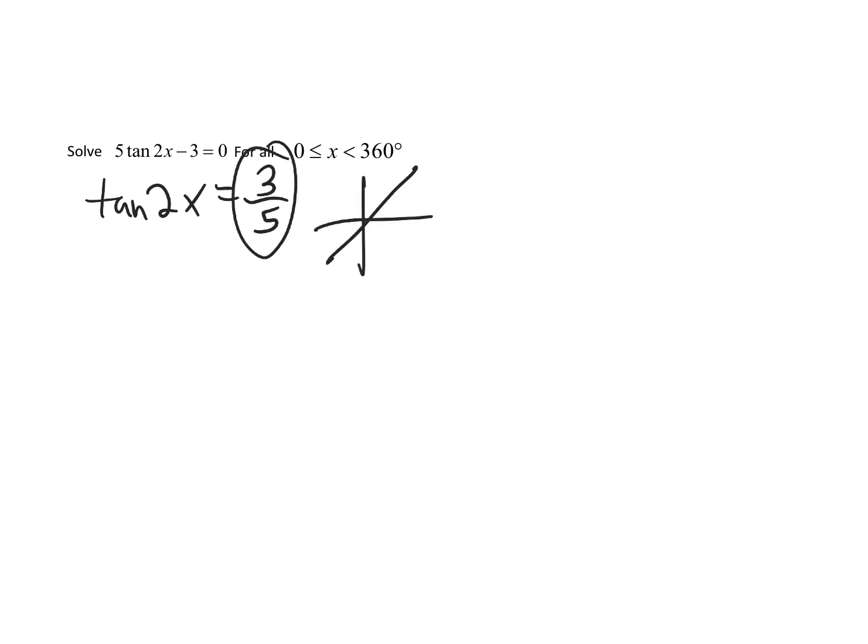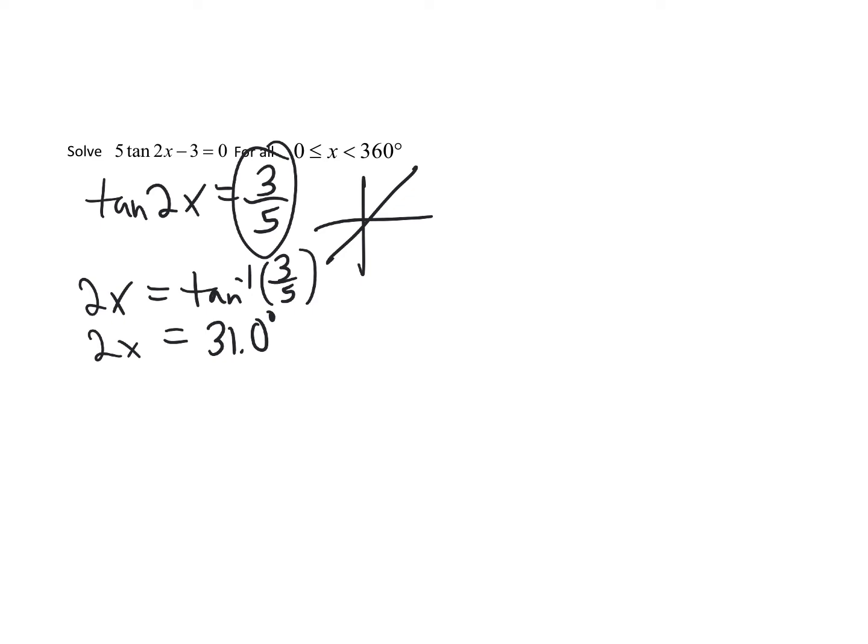Right, let's look at another example of tan. Isolate tan first, so tan 2x equals 3/5. Now, we have 3/5, means we're in these two quadrants. Those are the two that tan are positive in. So 2x equals tan inverse of 3/5, which is 31.0 degrees.